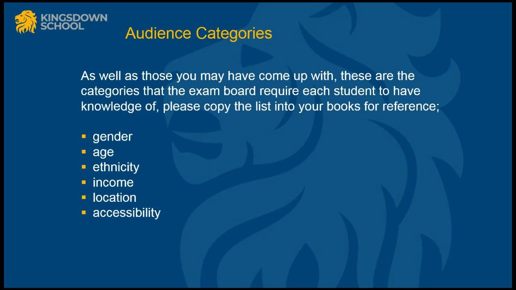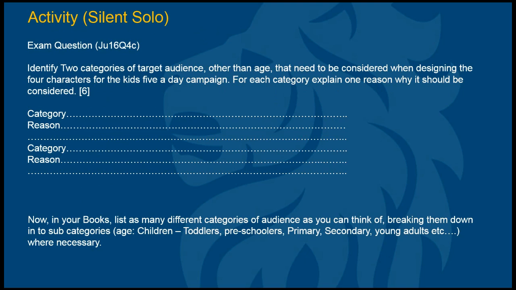Okay, so another little activity for you now. Identify two categories of target audience other than age that need to be considered when designing 4 characters for the Kids 5-a-Day campaign. For each category, explain one reason why it should be considered. Okay, so it's why this category should be considered.